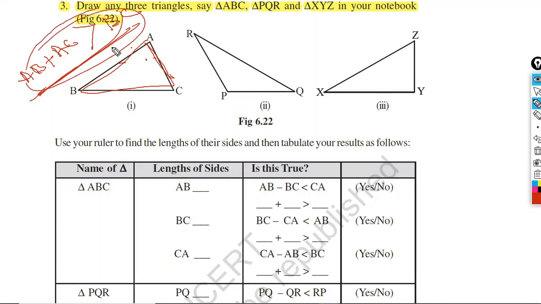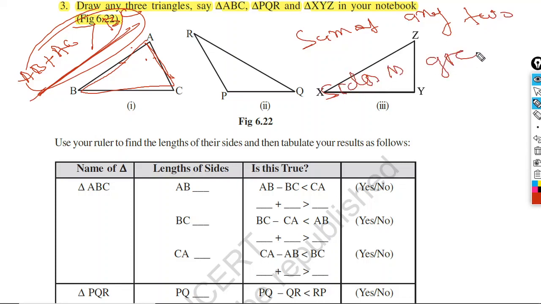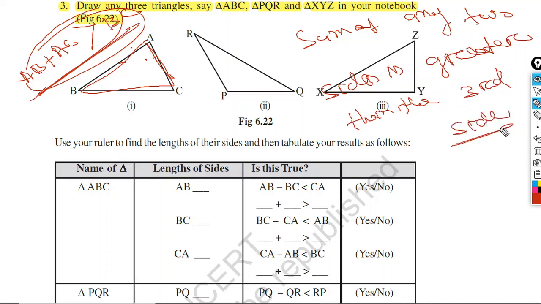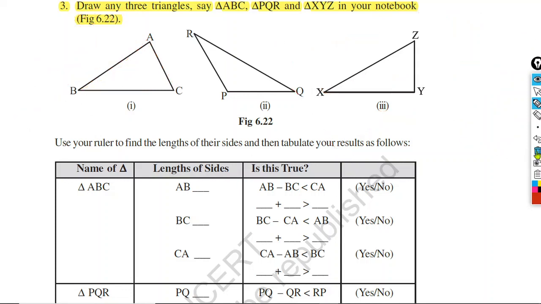That means you can write it down, please: sum of any two sides is greater than the third side. Okay, na? So please remember it and please try this activity at home.